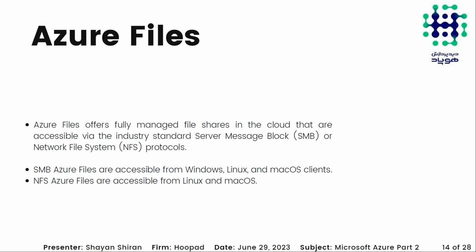It doesn't have any Windows clients. If you want to know more about SMB and NFS, you can search for it or ask ChatGPT or these kinds of AI tools that are present today, and you can also see my documentation on it.